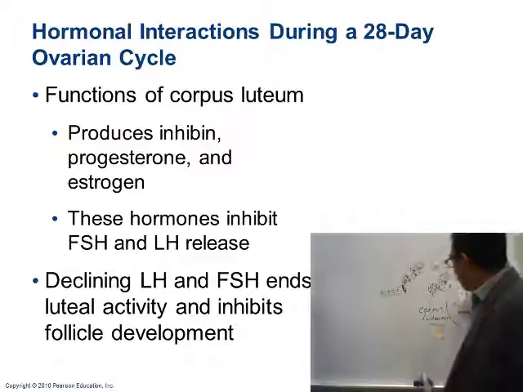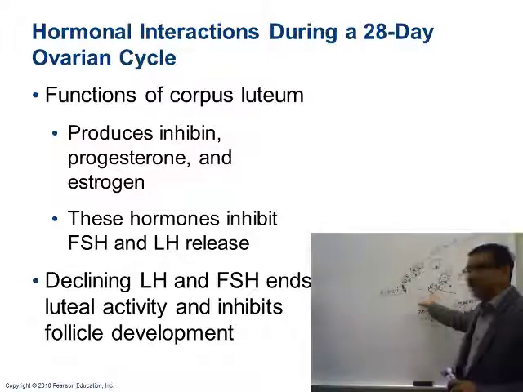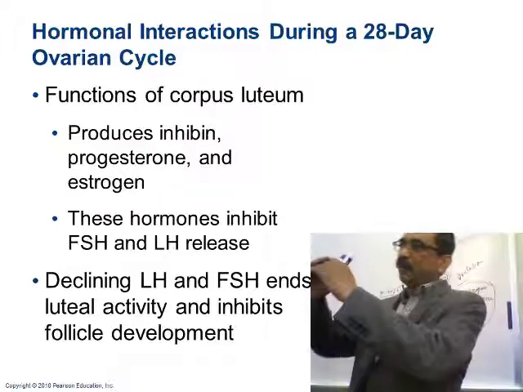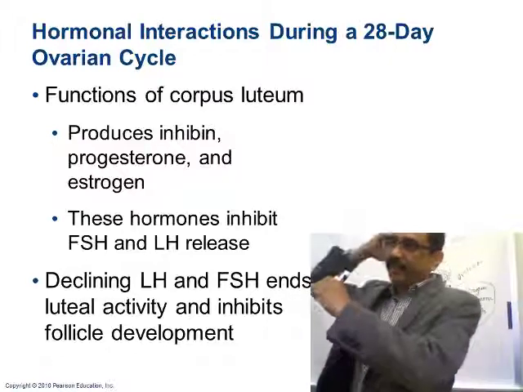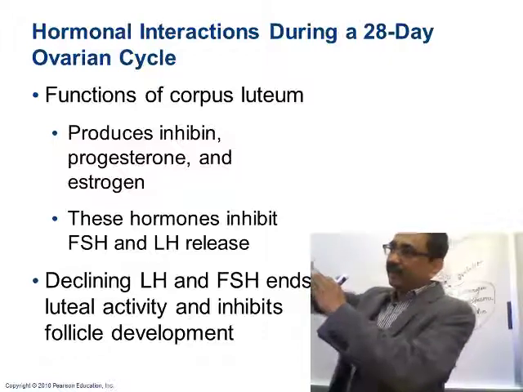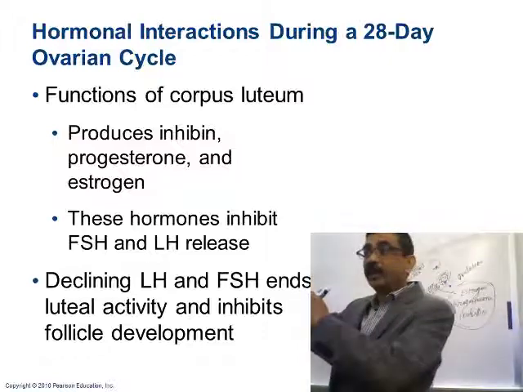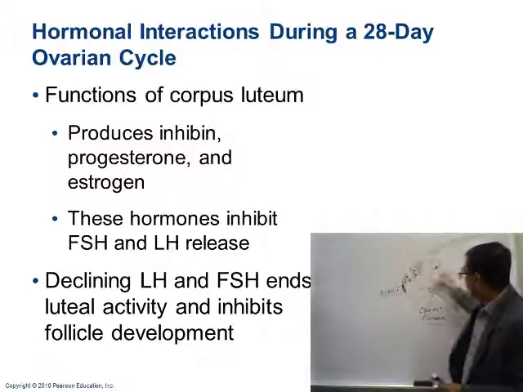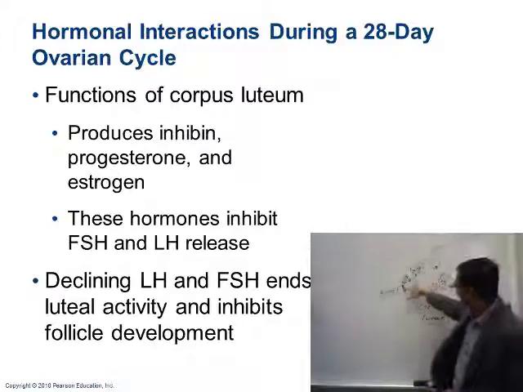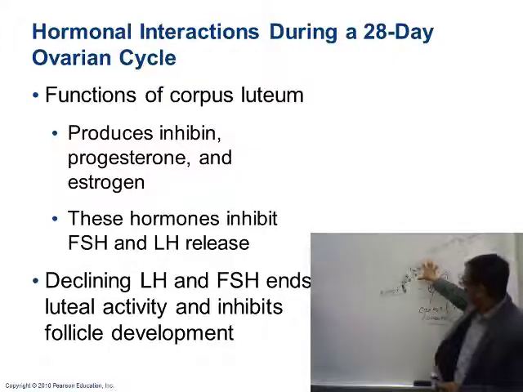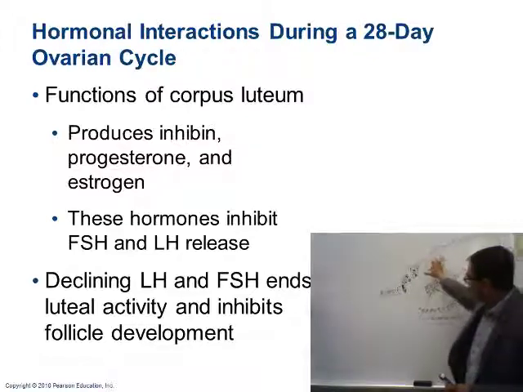Why should these 3 hormones be released? Because these 3 hormones will inhibit the pituitary from releasing the follicle stimulating hormone and luteinizing hormone. Those are needed for the growth and rupture of the next follicle. So these 3 hormones will keep this inhibited.